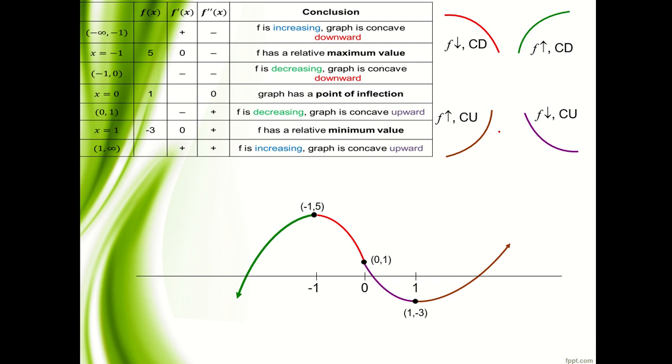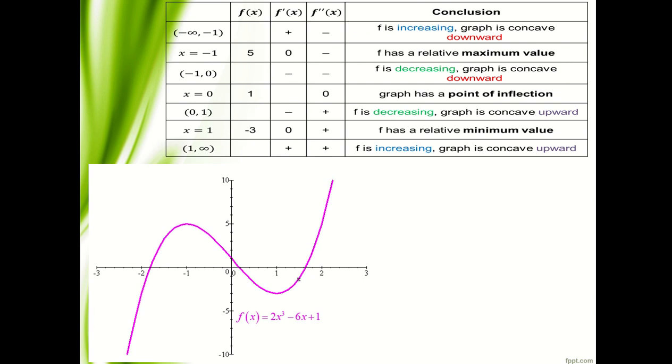All right, so I hope you're able to catch up. And this is the actual graph of the given function. So in summary, the function is decreasing at this interval, and the function is increasing at which interval?